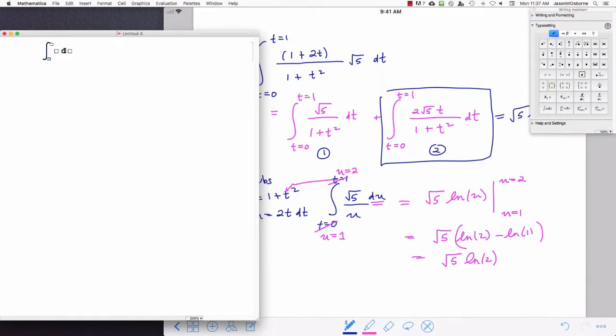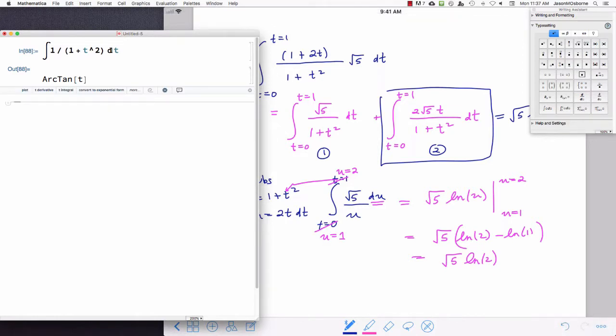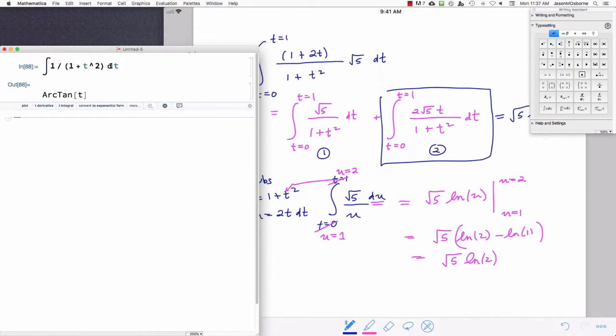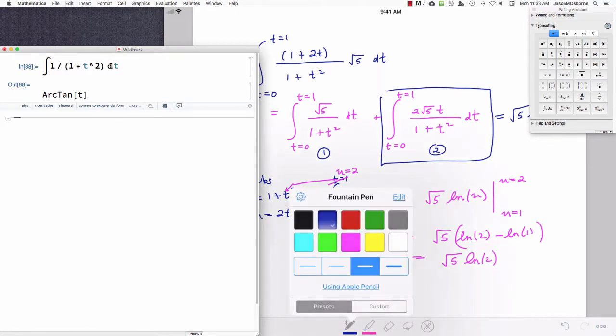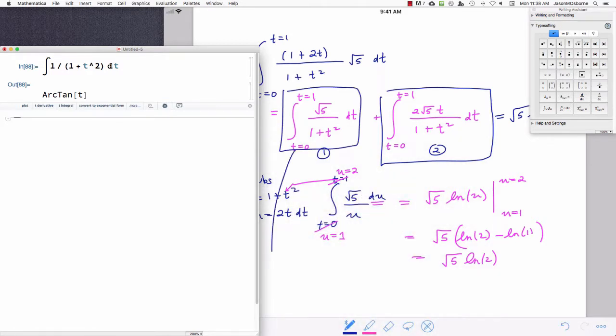We want an indefinite integral, and let's ask ourselves what was 1 over 1 plus t squared, the integral with respect to t. And there is your arctangent integral. So that would have come about from a trig substitution. Which means that this first integral here is going to turn out to be square root of 5 inverse tangent of t evaluated from t equals 0 to t equals 1.